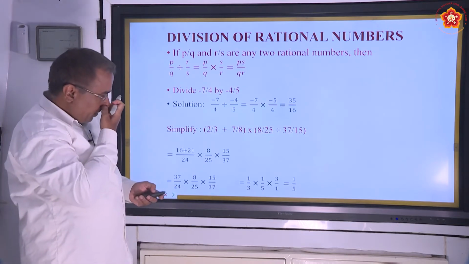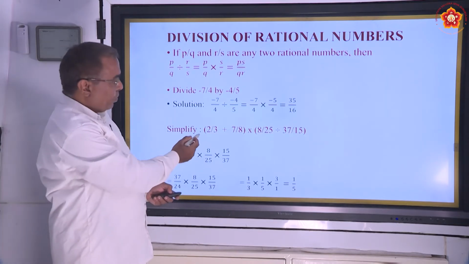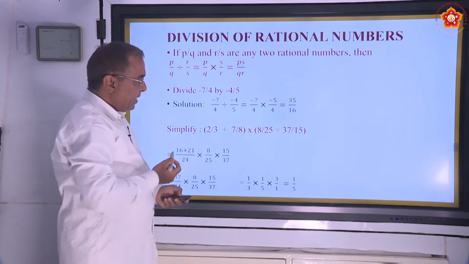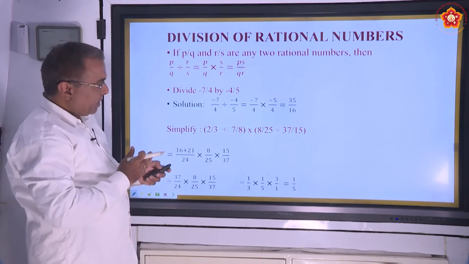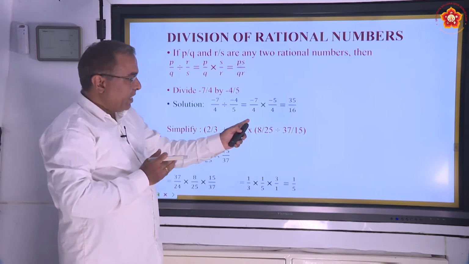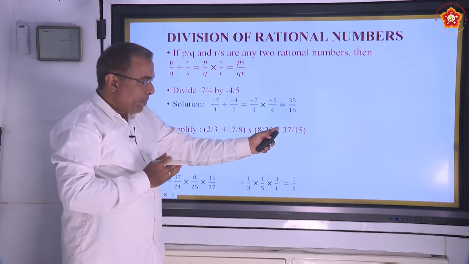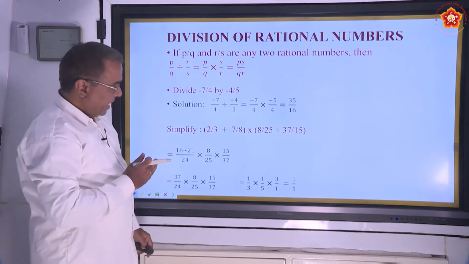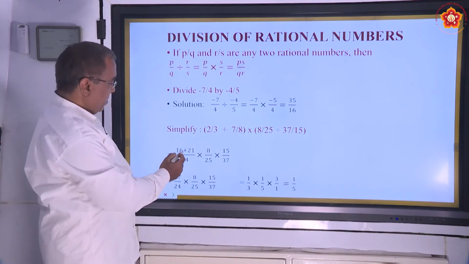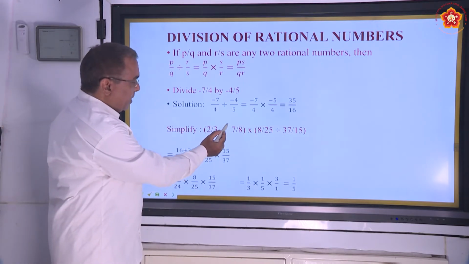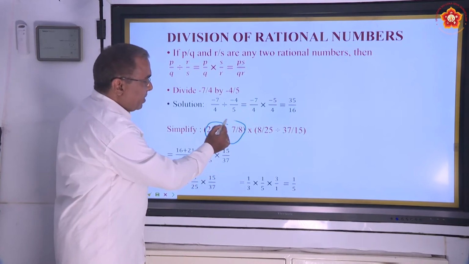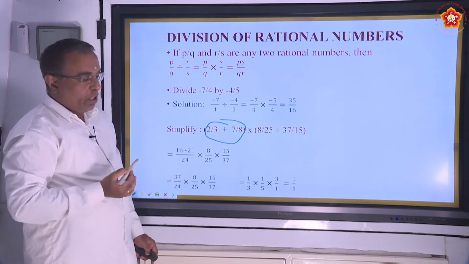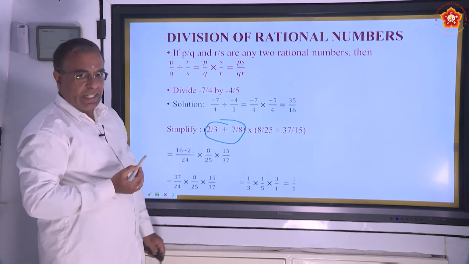Take one more question. Simplify 2 by 3 plus 7 by 8. This is a separate part. This has to be multiplied with 8 by 25 divided by 37 by 15. So as usual, these are two rational numbers with different denominators. Denominators are 3 and 8.